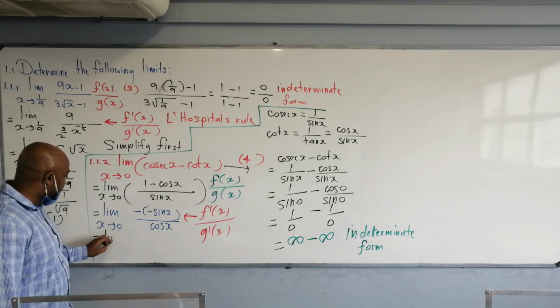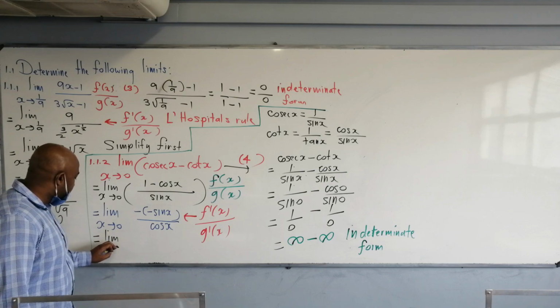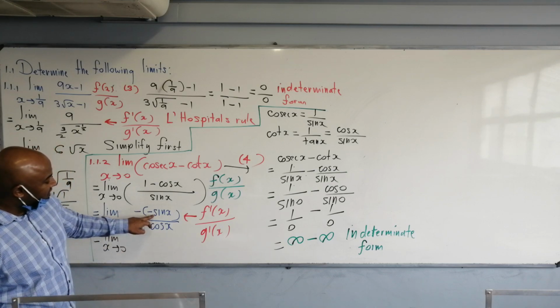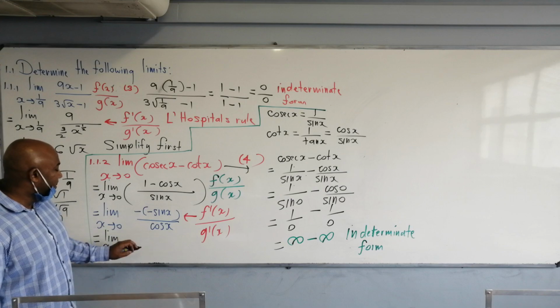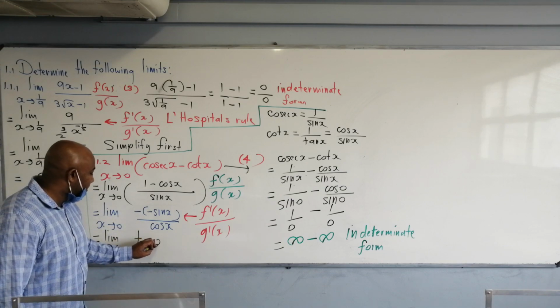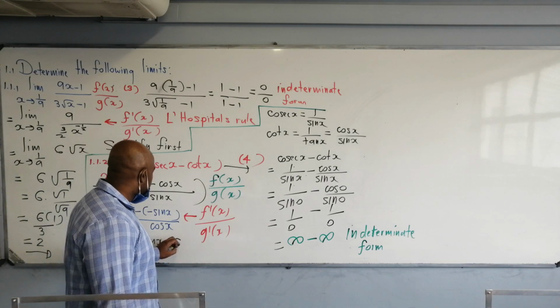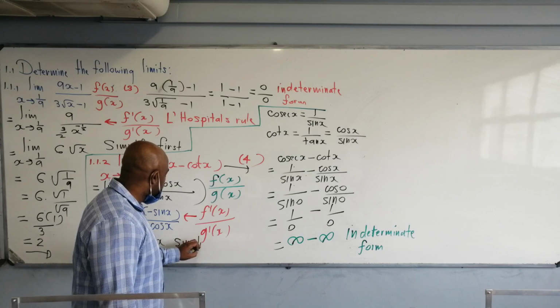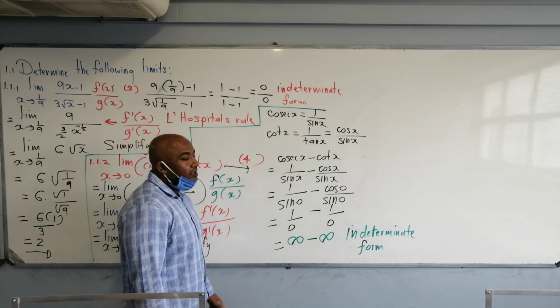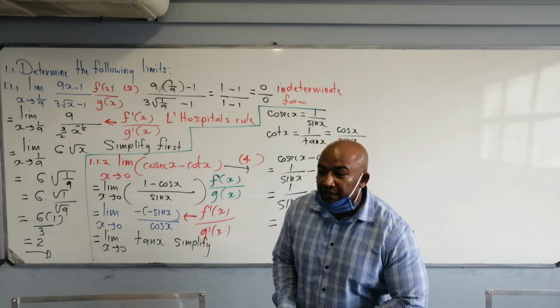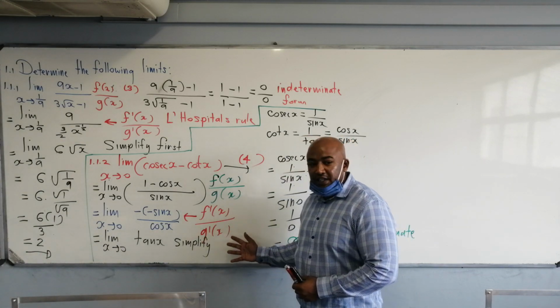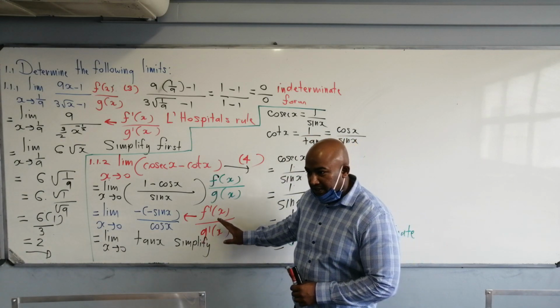So this is equal to the limit as x approaches 0. Negative times negative is a positive. Sine over cos is tan x. So you must simplify after finding the derivative. We don't just go and resubstitute.